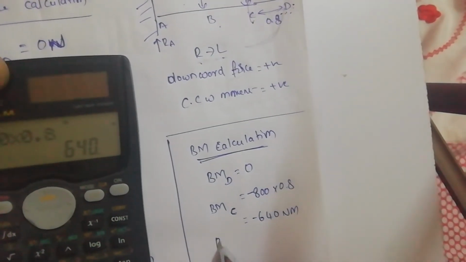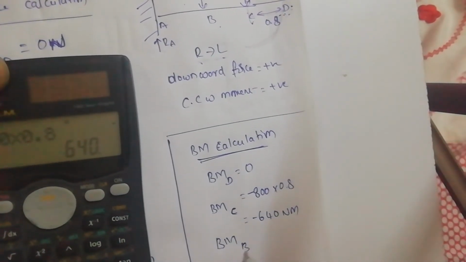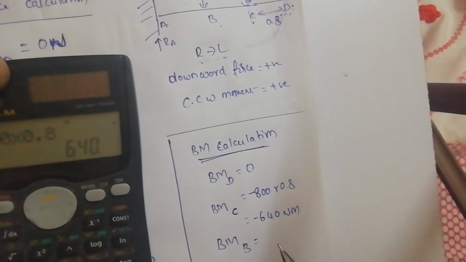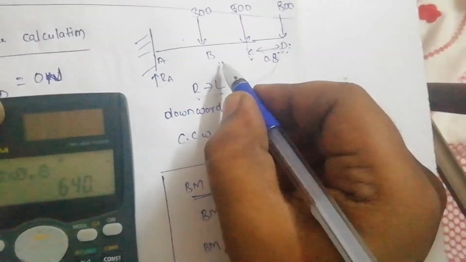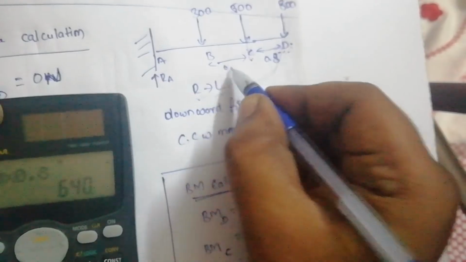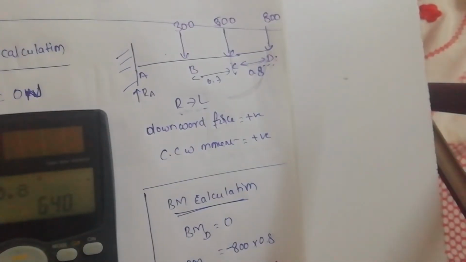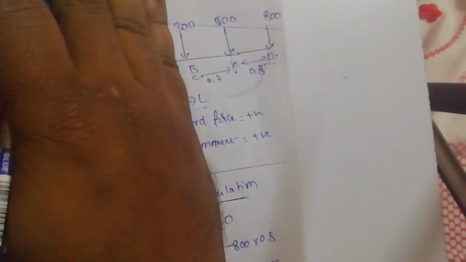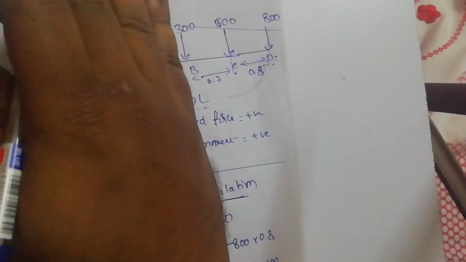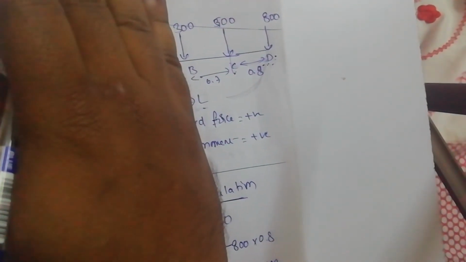Next is bending moment at point B. Now, what is the distance from C to B? It is 0.7. When I take bending moment at point B, I have to consider the loads which are on the right side. All the loads have to be taken. So first I will take 800.